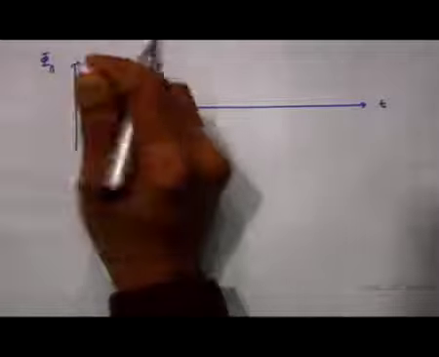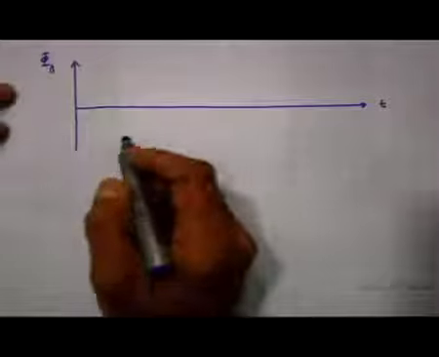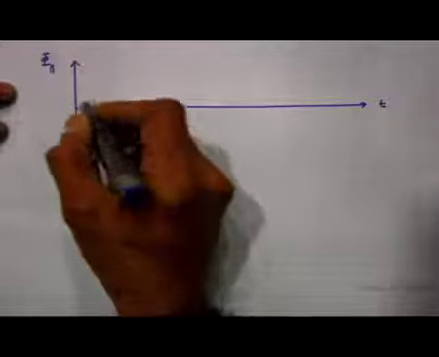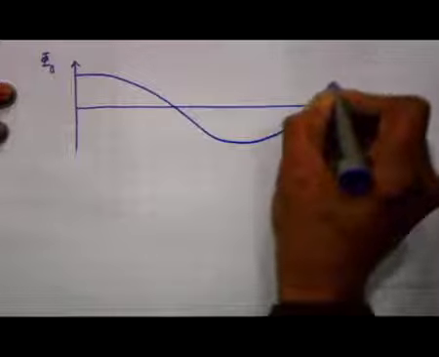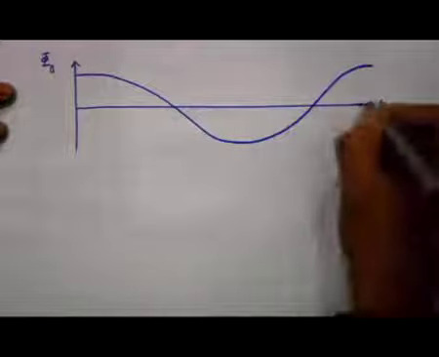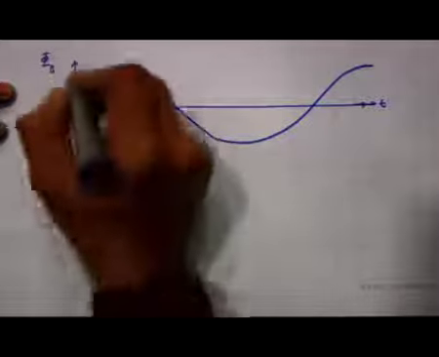Let me start by assuming that the coil is perpendicular to the magnetic field. So, the flux is maximum, and the flux will go through one full cycle in a certain time. This is the time for one full cycle of revolution of the coil.